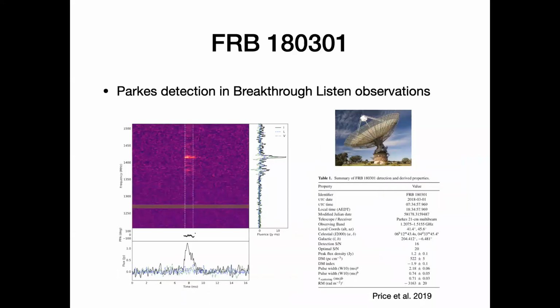And let me review the FRB properties here. This FRB was discovered by Danny Price in the Breakthrough Listen observation with the Parkes Telescope. From this waterfall plot, we can see the band-limited feature, similar to what I mentioned for the ASKAP repeater. That's one reason why we picked it.